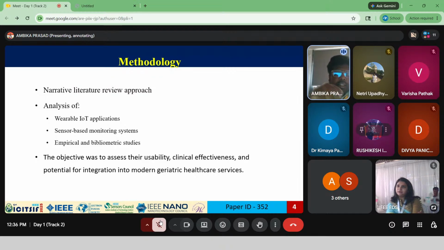That helped us assess how these wearable devices function and how they help in early detection and prevention of diseases in the elderly. The objective was to assess their usability, clinical effectiveness, and potential for integration into modern geriatric healthcare services. Wearable devices are not only used by adolescents or people in their mid 40s or 50s; they can also be used by the geriatric population.